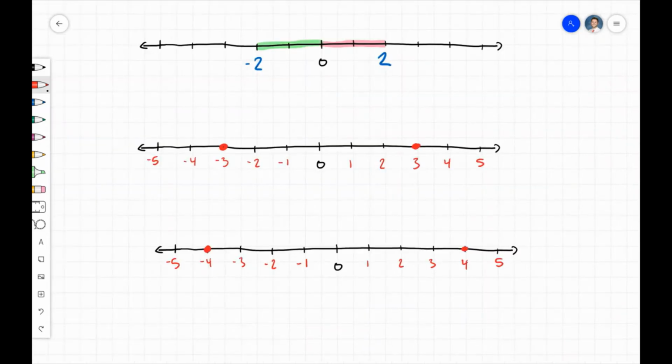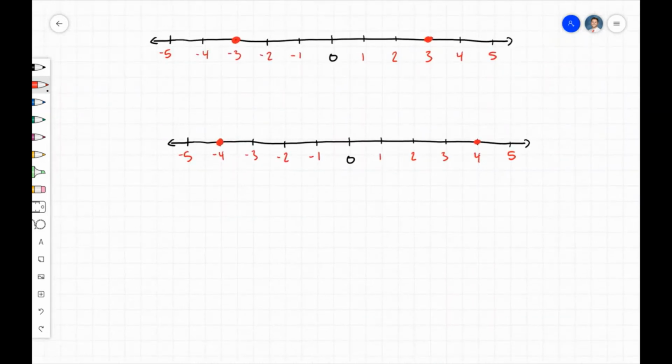Now there are some examples of how you might see integers used in a real life context. So for example, if you were talking on a football field, you could talk about a certain play gaining 5 yards. A gain is always going to be a positive number.